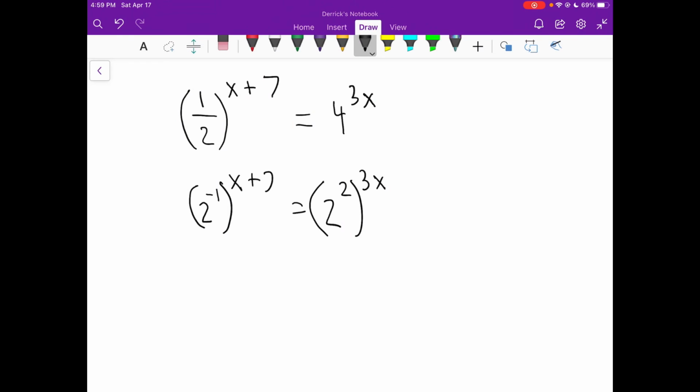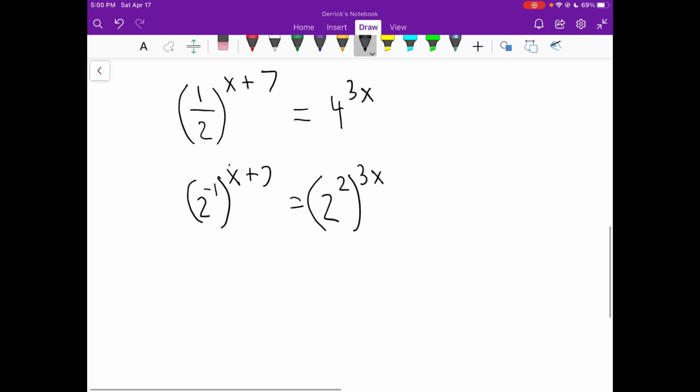I do need to combine these exponents again because I see that I have multiple exponents going to the same base. So just like we talked about before, the power of a power property says we need to multiply these exponents. On the left side, I'm taking -1 times the quantity of x plus 7, meaning we would have 2 to the negative x minus 7 power. On the right side, we're simply taking 2 times 3x, which would give us 2 to the 6x power.